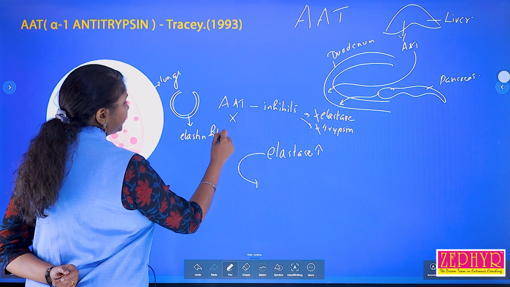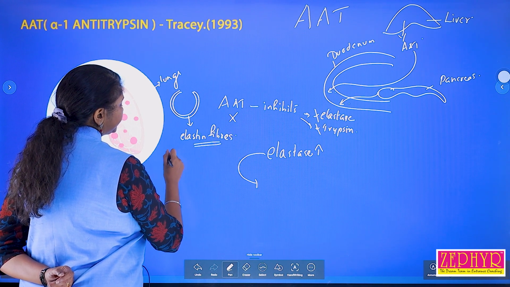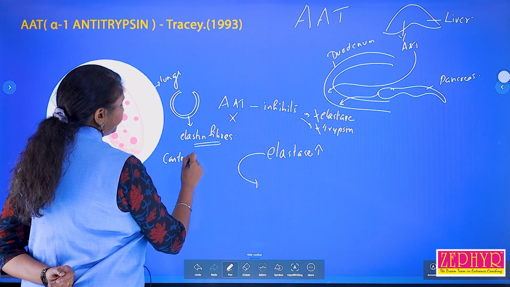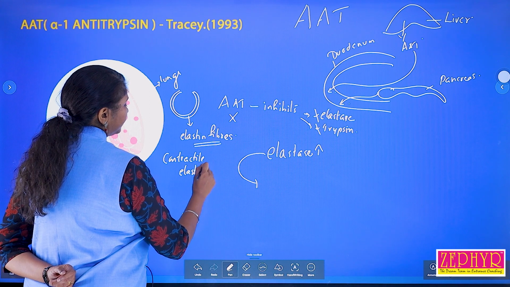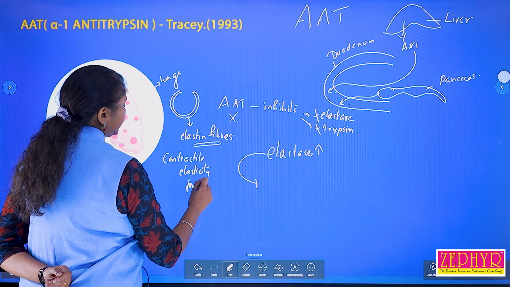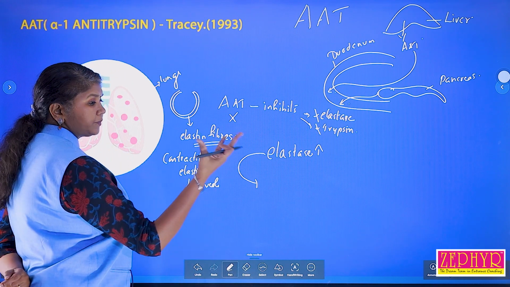Now during respiration we learned that these elastin fibers are the ones that give the contractile elasticity for the alveoli. That's why it is able to contract and relax smoothly.